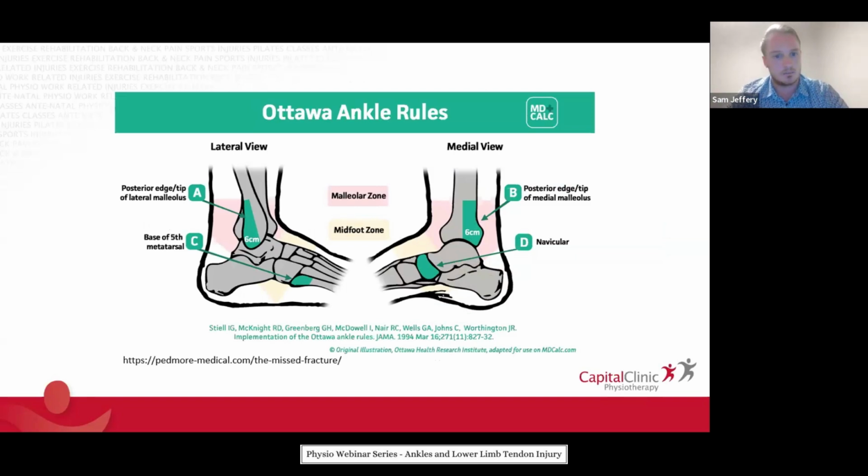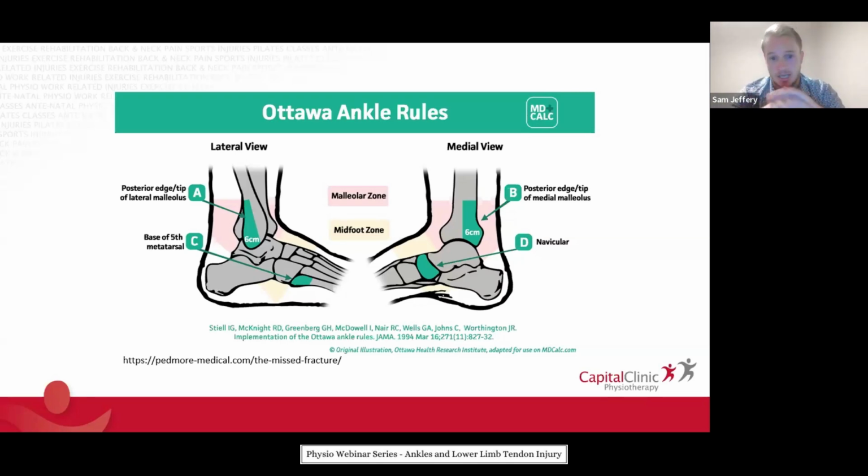So the way it works, typically if someone comes in, if they have pain in the malleolar zone, so looking just around that malleolus, and then on palpation of the distal 6 centimeters of the fibula and lateral malleolus, or tibia and medial malleolus, we would consider that to be enough to say, okay, we need to get an x-ray, because then they're failing the Ottawa ankle rules.